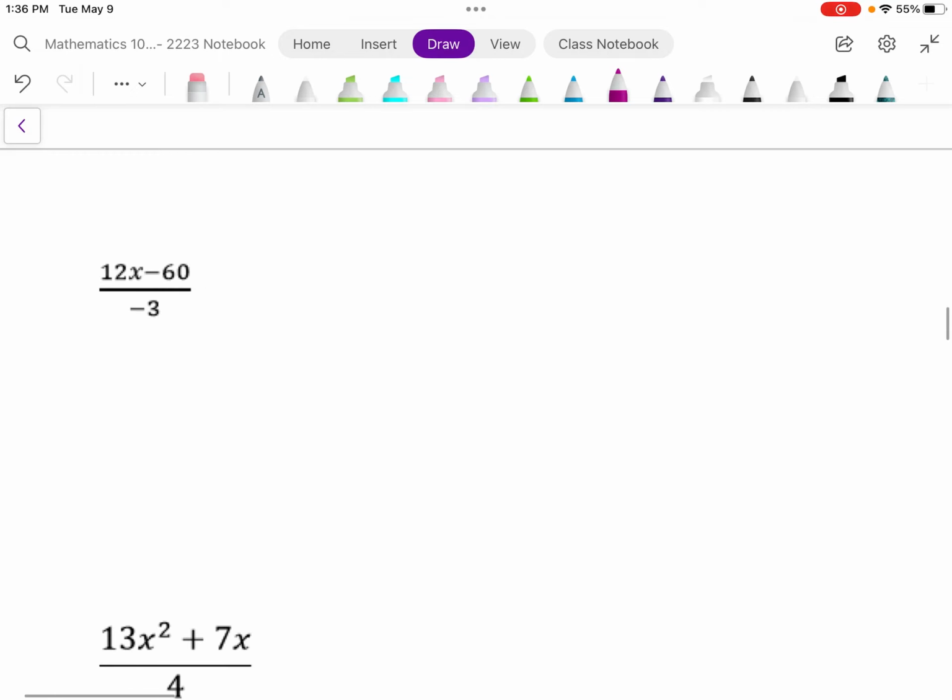Negative signs are tricky. Very tricky. Let's just keep this. What I'm going to do is that this is 12x minus 60, all divided by negative 3. Okay, first things first, let's acknowledge that whoever wrote this, you should never write a negative sign in the denominator.